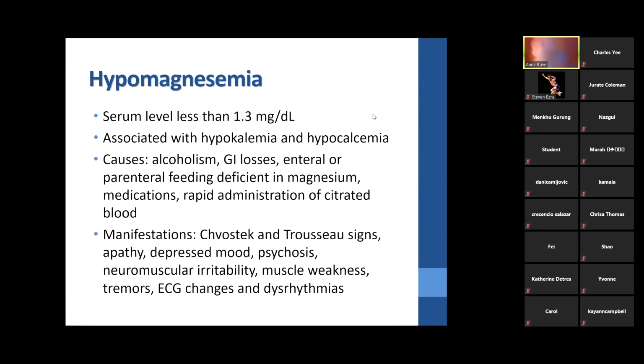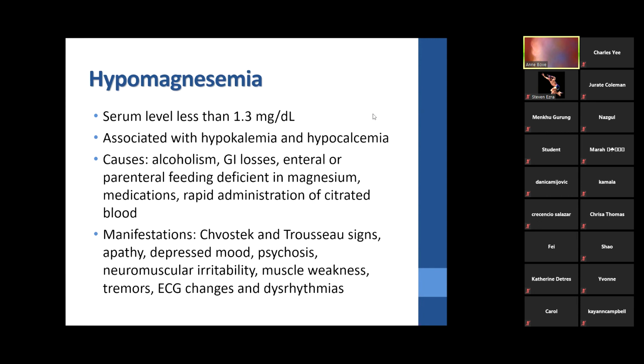Magnesium also plays a role in terms of your cardiac cycle. There's a cardiac situation where if you go into a rhythm called VFib, ventricular fibrillation, one of the signs might be that you have a very, very low magnesium level.